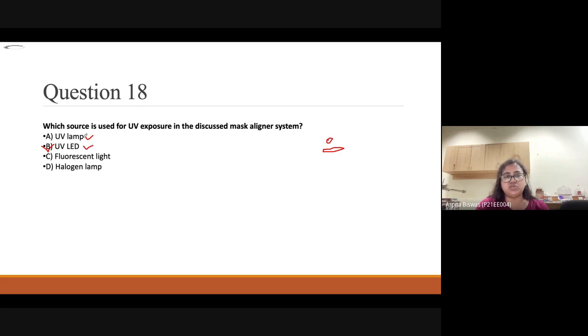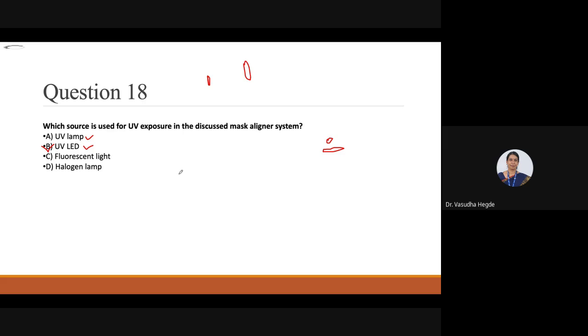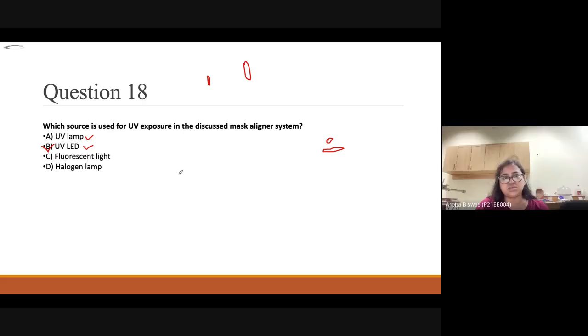It is also more stable and an advanced system. Because it's the latest technology, but other than that, here it was UV lamp.